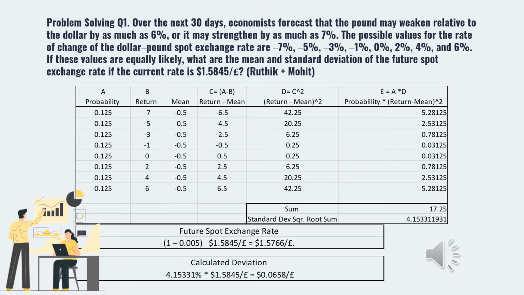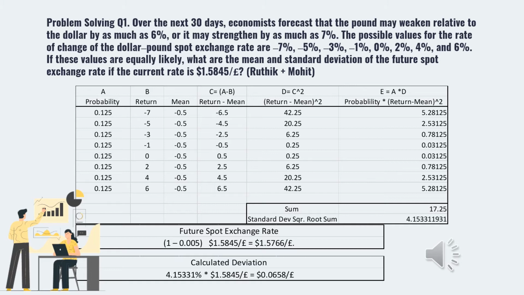I'll be speaking about the standard deviation of this future spot rate. To find the standard deviation, we have to do x minus x bar, the whole squared, divided by n minus 1, the whole root. The possible values for the rate of exchange, the dollar to pound spot exchange rate, are given as 7%, 5%, 3%, etc. Given to us is the x bar, the mean, which is minus 0.5%.